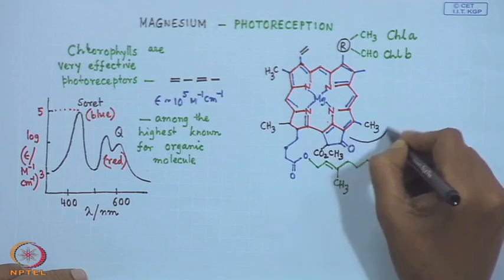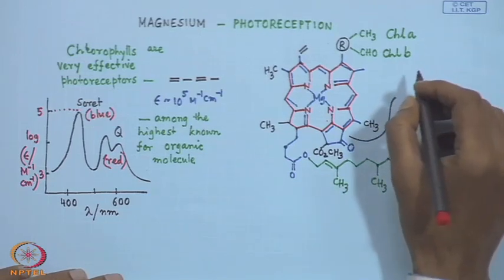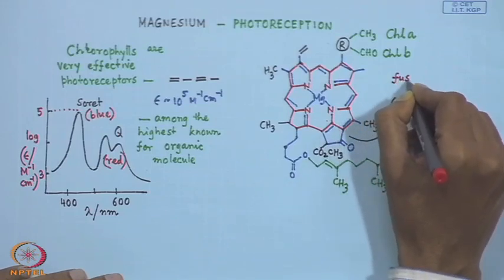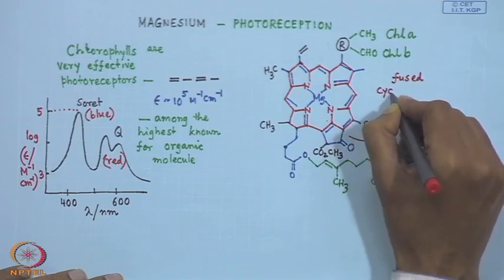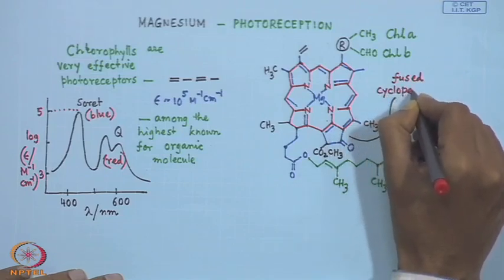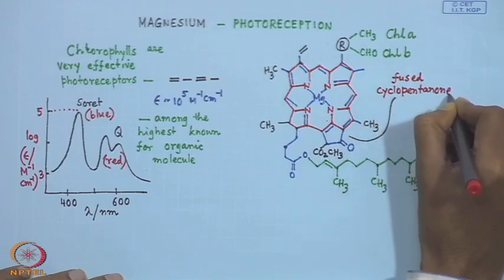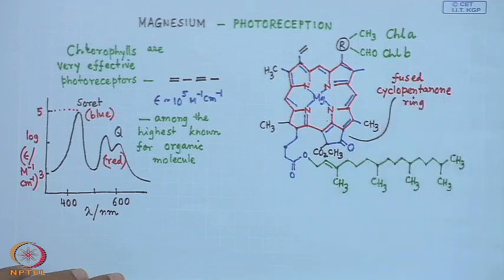So, this is different from the other type of porphyrin ring. You have a fused cyclopentanone ring. So, this particular fusion of this tetrapyrrole unit.